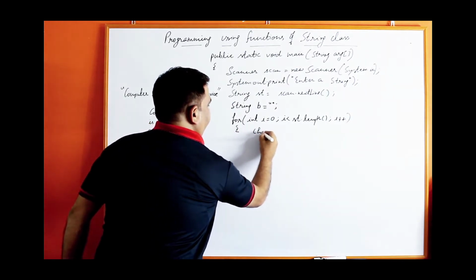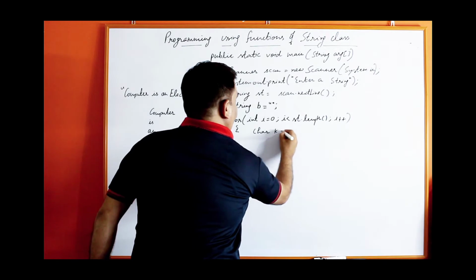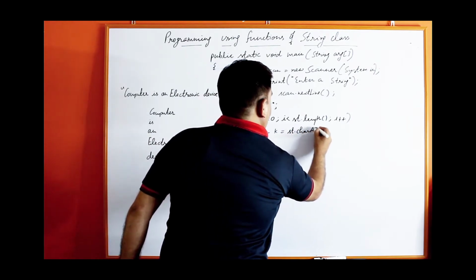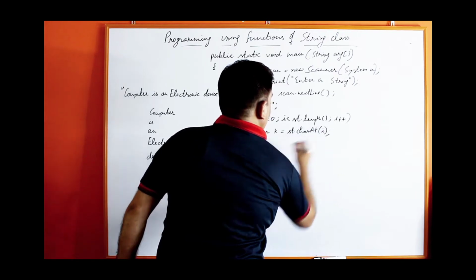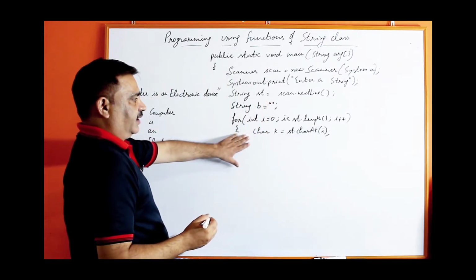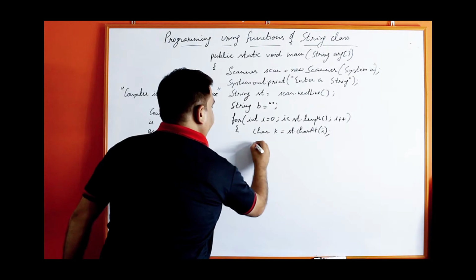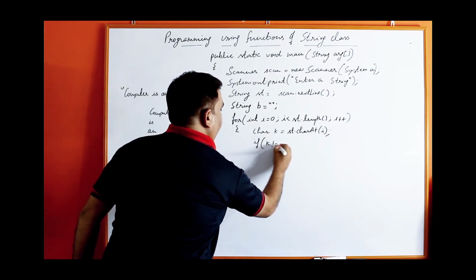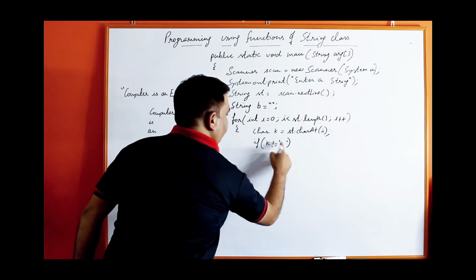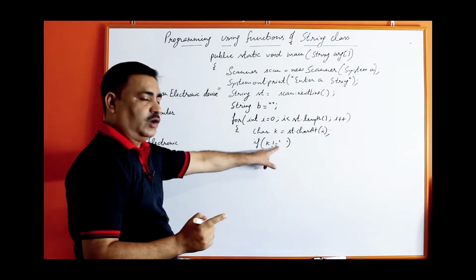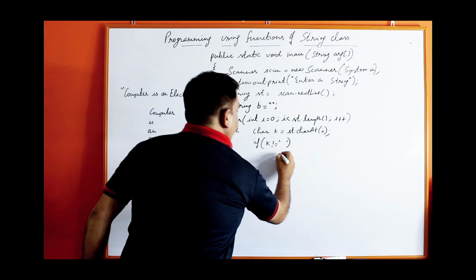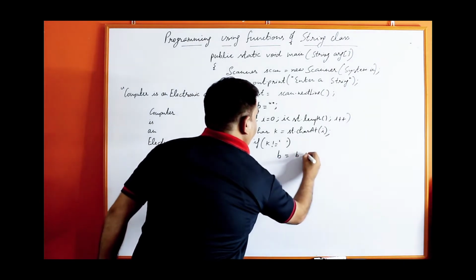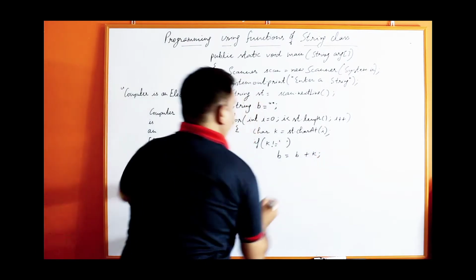Extract the character using the charAt function, char k equal to st.charAt(i). Put the condition, if the character is not equal to space, here I am putting a single space in single inverted commas, and if it is not a space, join it in the variable, b equal to b plus k.